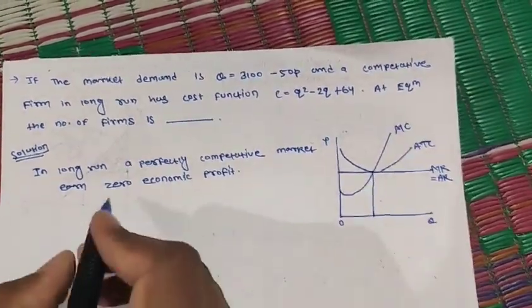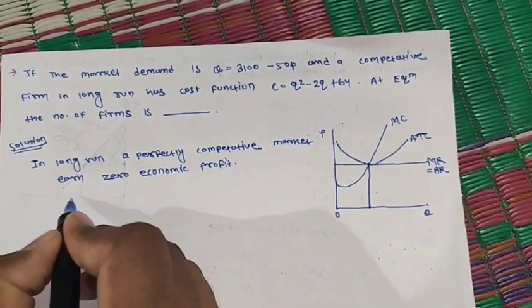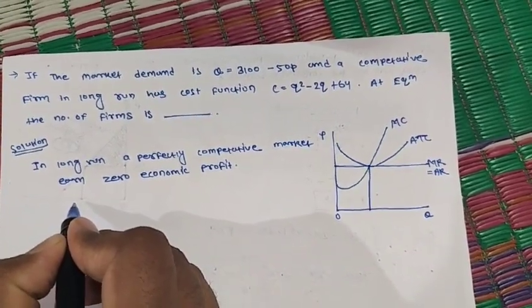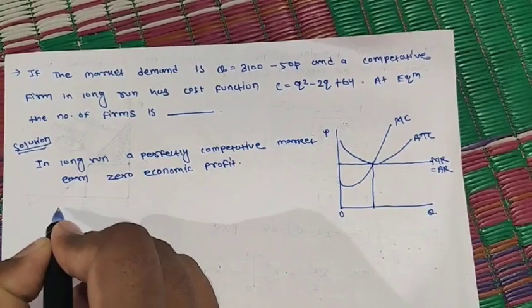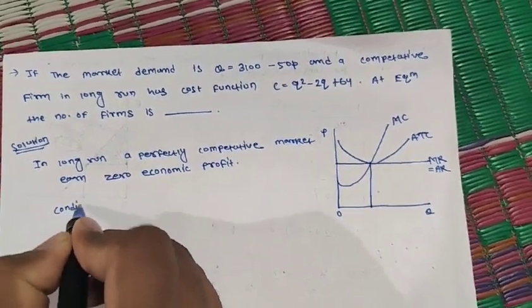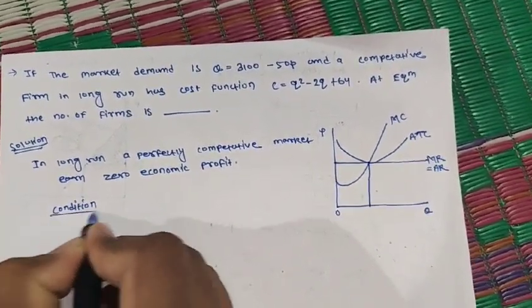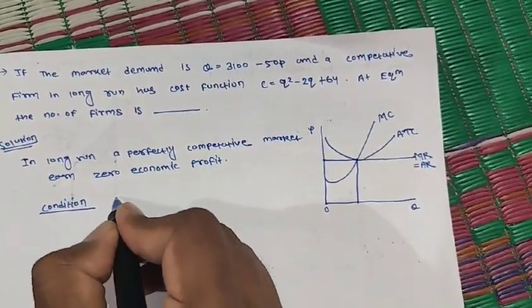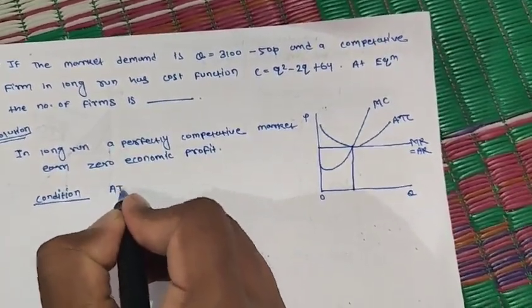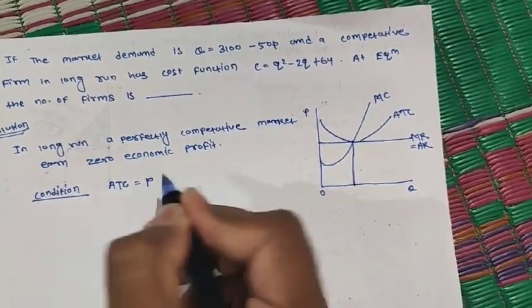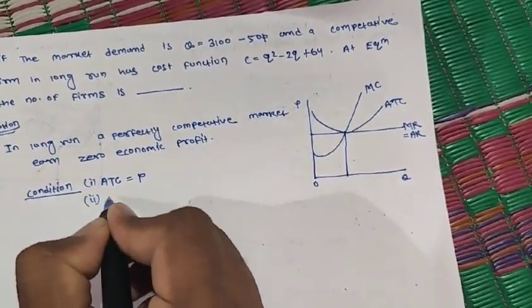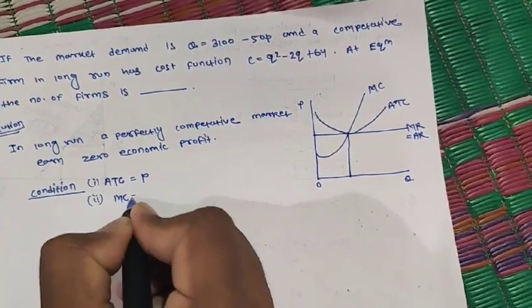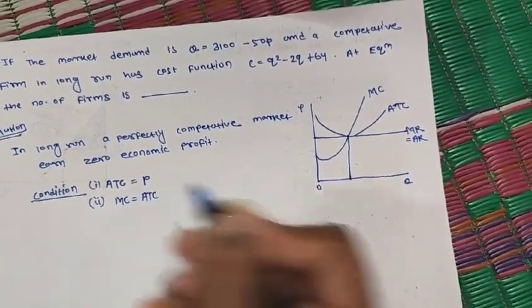In equilibrium, we know that in the long run, in a perfectly competitive market, there are two conditions. First, the average total cost should be equal to price, and the second is that marginal cost should be equal to average total cost.